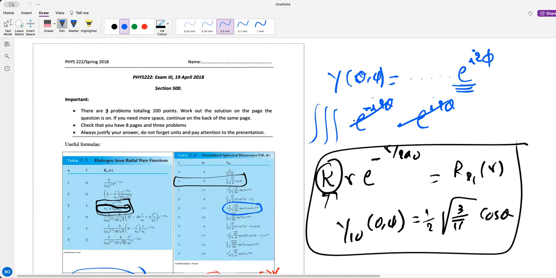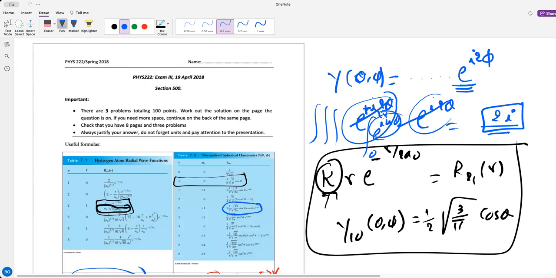Many students don't pay attention to this, and then at the end they give me a normalization constant that is equal to, I don't know, 2i, because they did not consider this, and they had, for example, i 4 phi, and they integrated from 0 to 2 pi, and at the end they got an i. So please don't forget that the wave function or the probability density has a psi star and psi. So whatever you have here, it will have a complex conjugate and they will cancel.